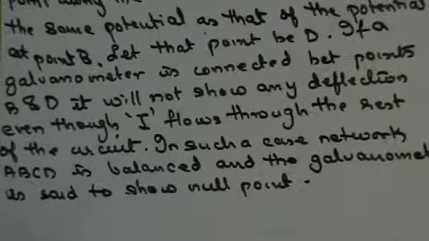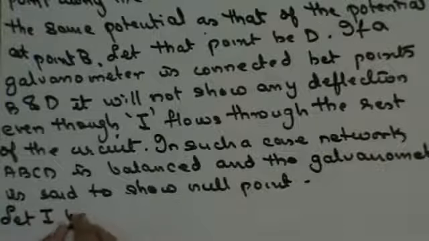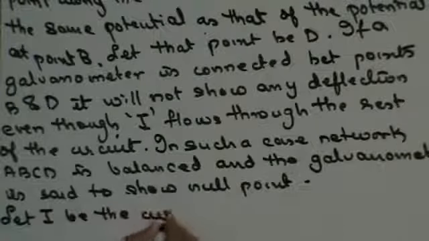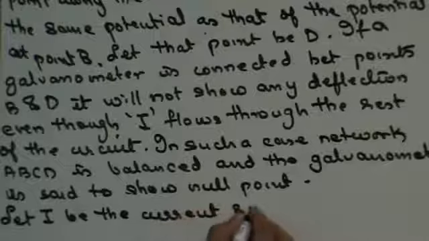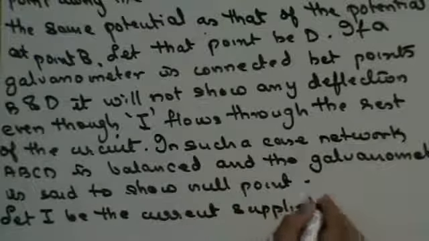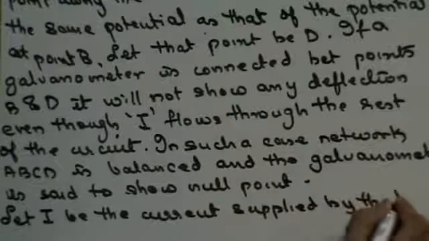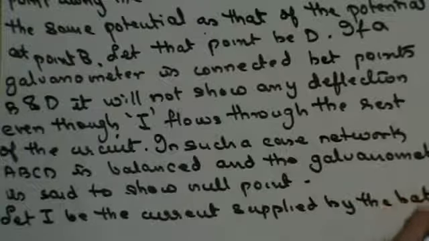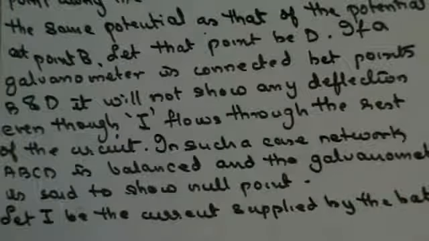Fine. Now, let's get the condition for a balanced galvanometer. Let us assume that I is the current supplied by the battery.